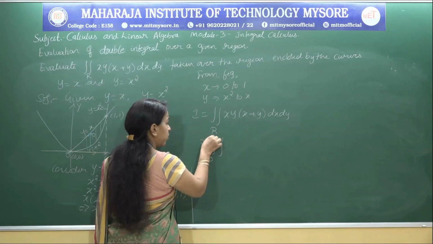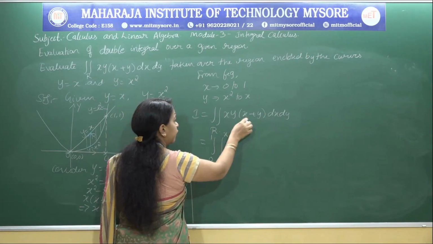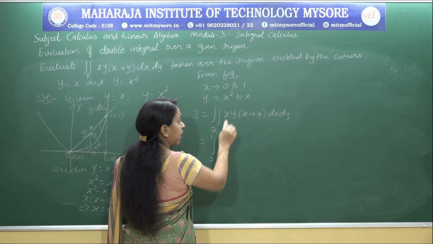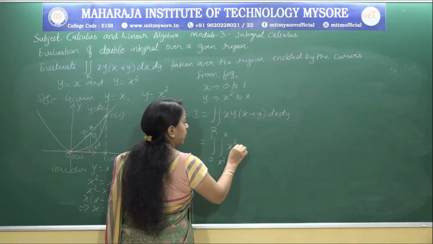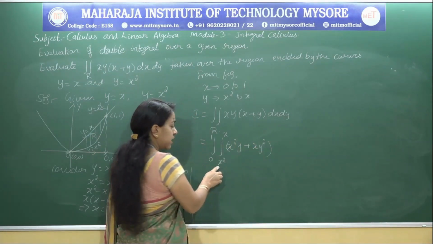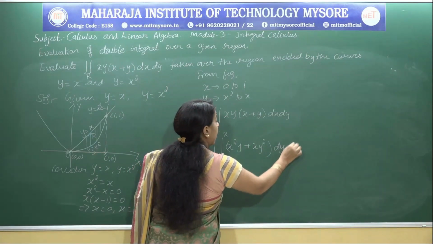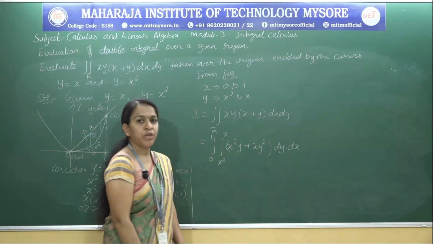So the constant limit is 0 to 1 and the variable limit is x square to x, and we have xy into x plus y. I multiply them, that is x square y plus xy square. Since I have x square here as the y limit, I should write first dy and then dx.